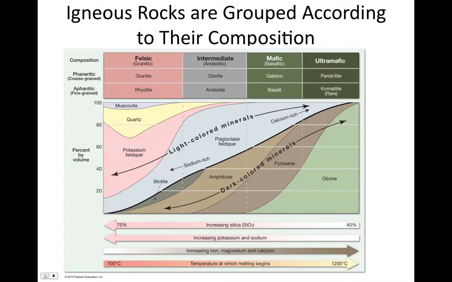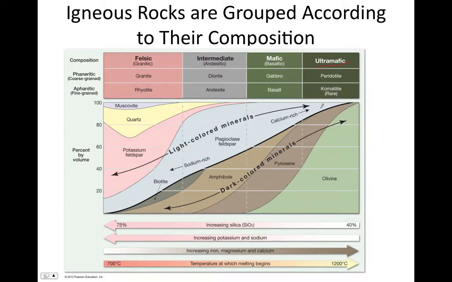So ultramafic igneous rocks over here on the far right, they are mostly ferromagnesian silicates, mostly olivine and some augite, pyroxene, and what little non-ferromagnesian silicates it has is extremely calcium-rich plagioclase feldspar.